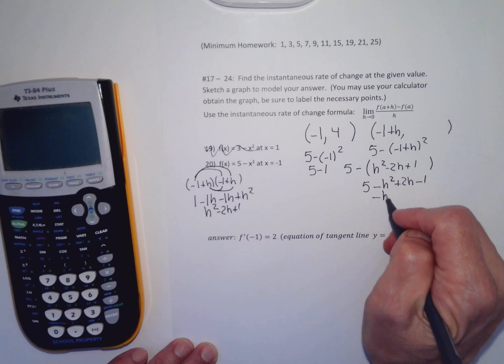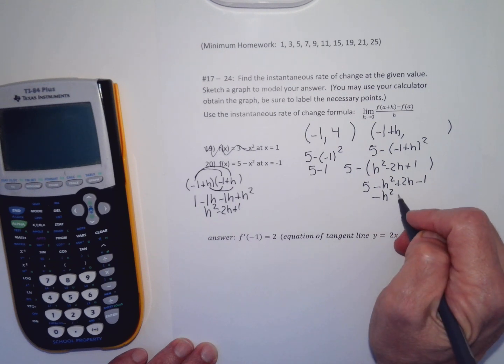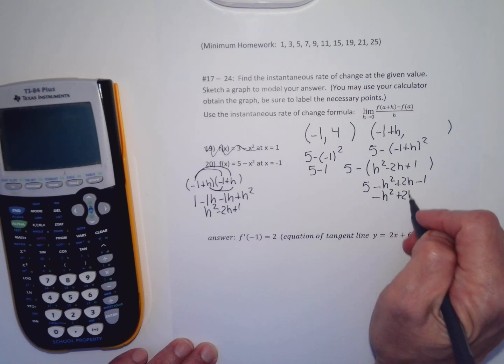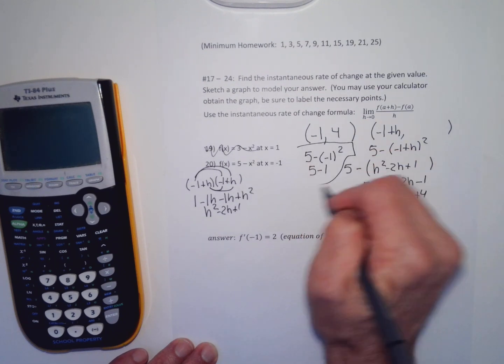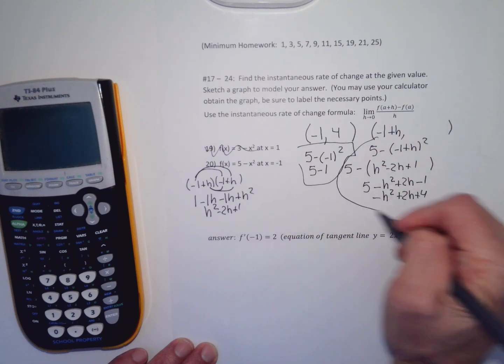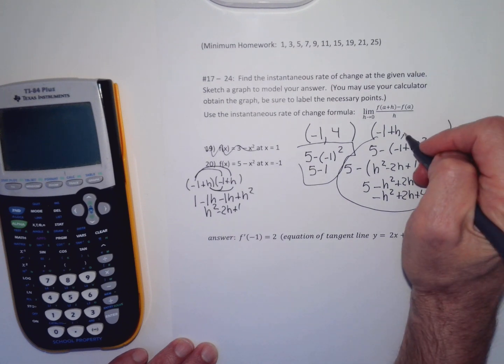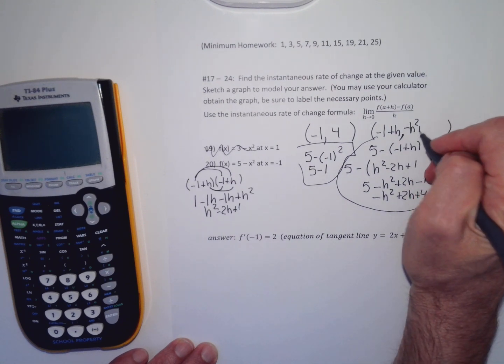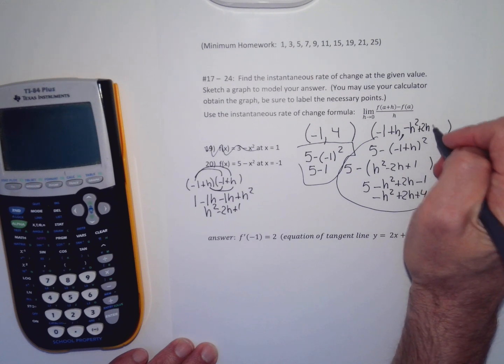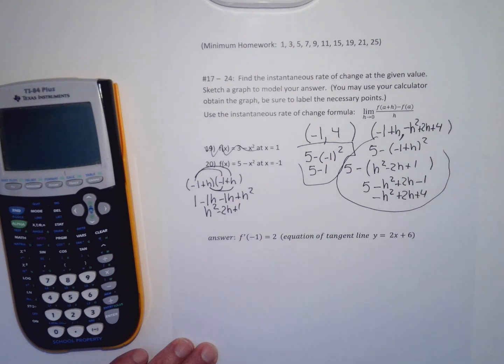The second point, its y is negative h squared plus 2h plus 4. So all these computations are to get the y coordinates of the points, because in order to find an instantaneous rate of change at a value of x, or the derivative at a value of x, or the slope of the tangent line at a value of x, I need a full x and y for 2 points.